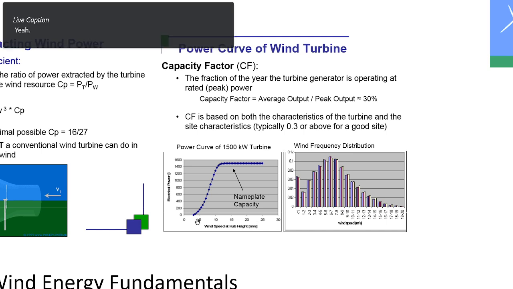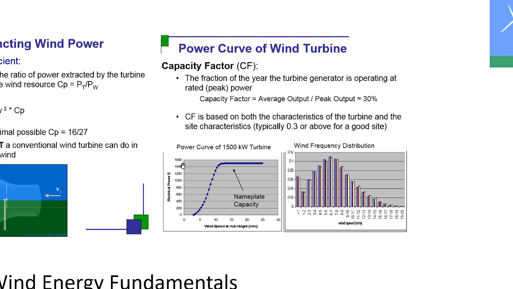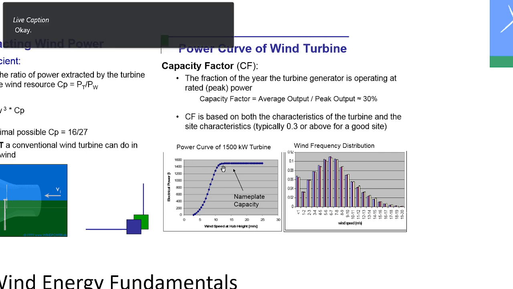So at 3 or 4 meter per second, it will only generate say 150 or 200 kilowatt power as against 1.5 megawatt. So this is called the power curve.